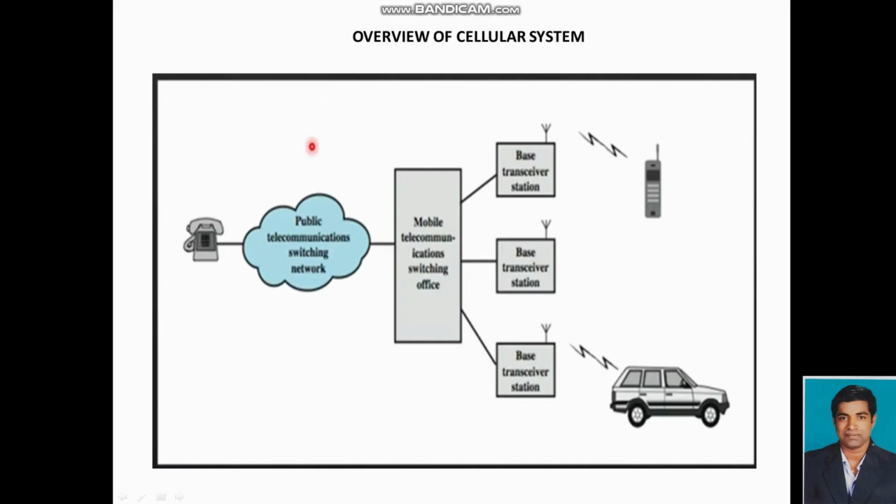If suppose one of the user equipment wants to communicate to some other user who is traveling in the car, then the UE is communicating directly to the base station transceiver, and then that signal is directed to mobile telecommunication switching office. This telecommunication switching office is directing that signal to the passenger who is traveling in the car.